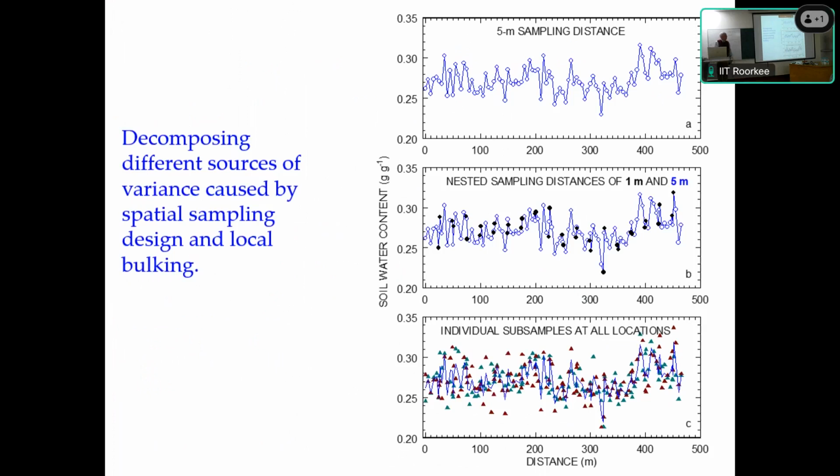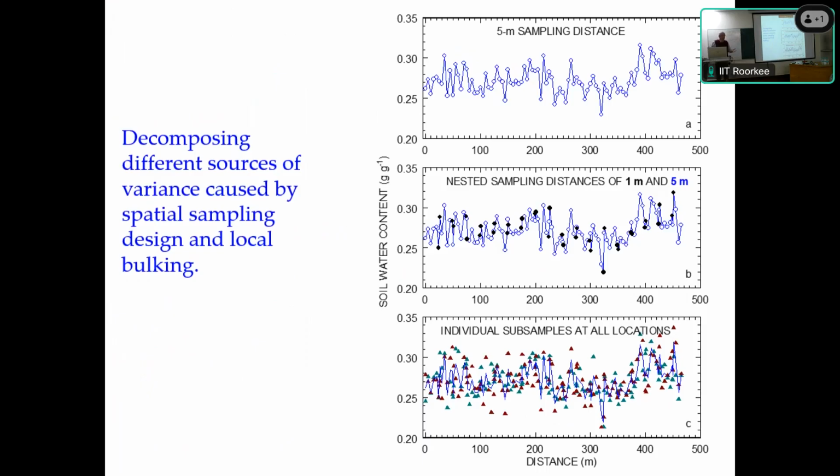Here we want to decompose different sources of variance that are caused by spatial sampling design and local bulking. So we have a data set collected here. The basic interval was 5 meters sampling interval. This is, I think, in a study that I did before I installed capacitance probe access tubes in a field in Western Kentucky.